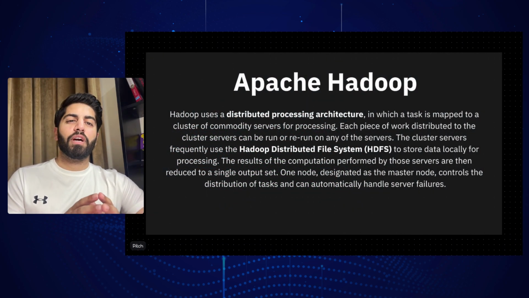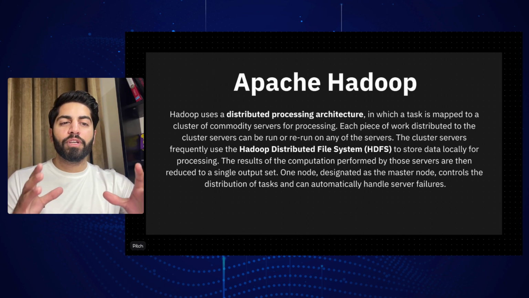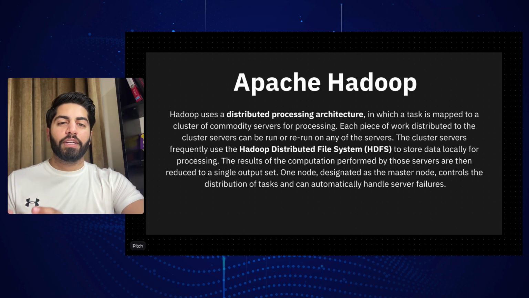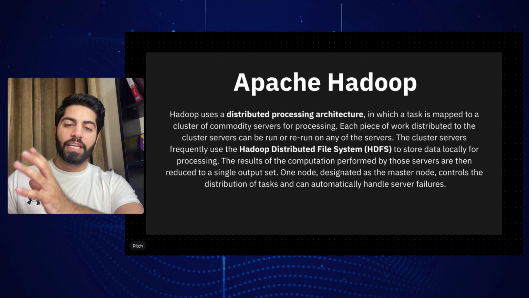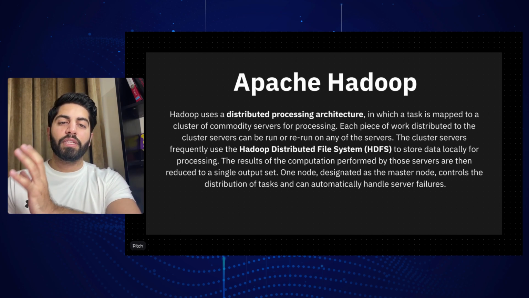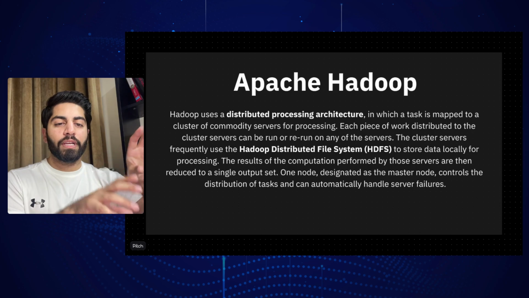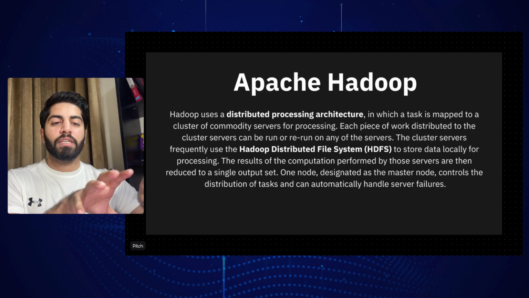So, discussing Apache Hadoop in more detail. Hadoop uses a distributed processing architecture in which tasks are mapped to different servers, and in different servers we have different data sets. Some part of the data set is in one cluster, the other part is in another cluster.